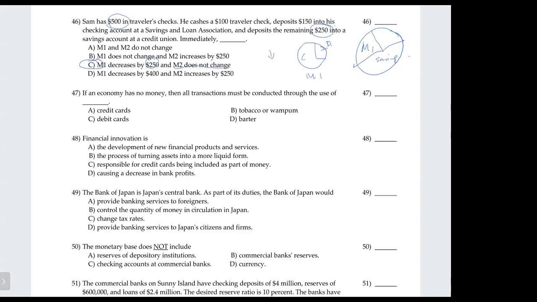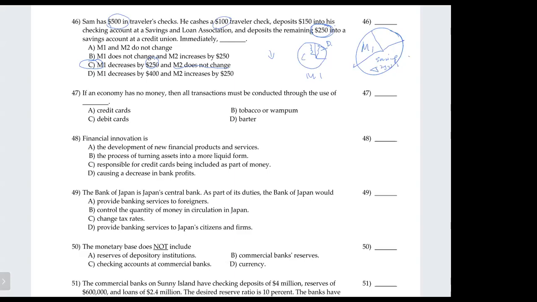Now what he's going to do is cash in 100, so that sum just goes to this cash, and then he deposits 150 in the checking account, so 150 goes here, and the rest of 250 goes here.